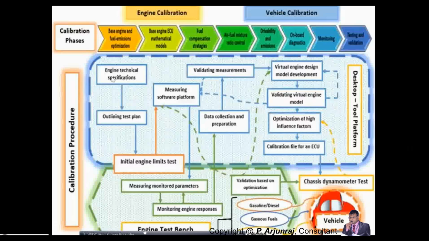What is important is the specification with respect to speed, torque, power, what mileage you are going to get for a particular vehicle or engine, and the other aspects, including the emission point of view.